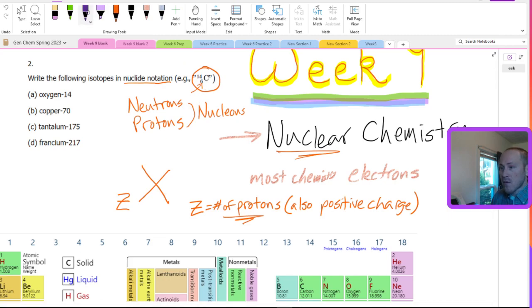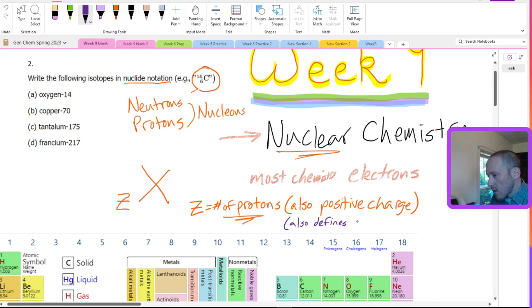If you were to mess around with the number of protons and make that a 7, all of a sudden that becomes an N. If you made that an 8, now it's an O, etc. So Z also defines X, and X is the letter name.